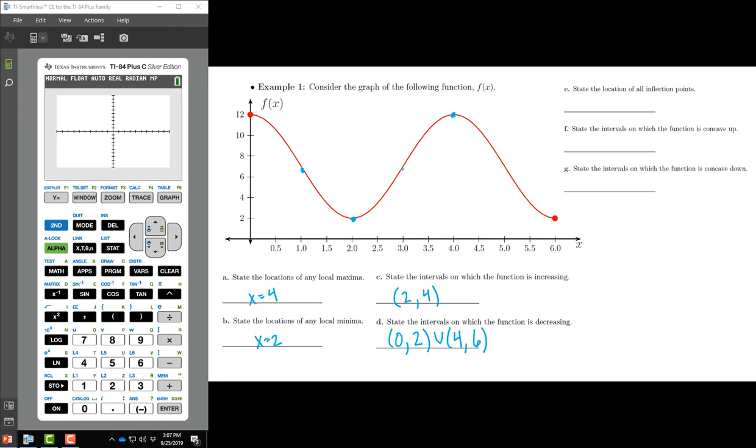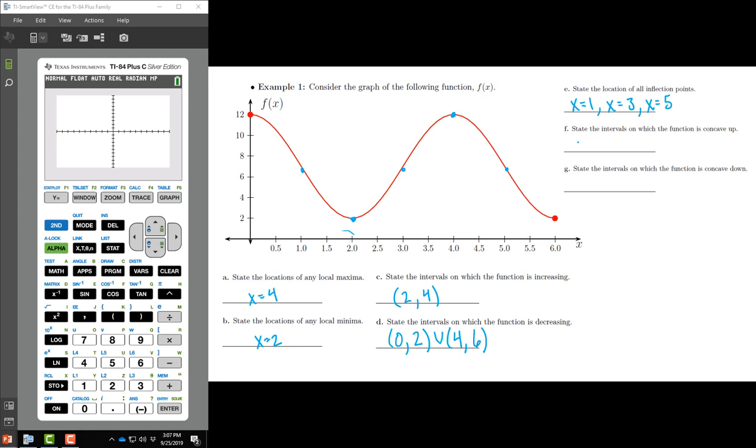Same thing here at x equals 3 and x equals 5. Those convenient x values seem like pretty reasonable guesses as to inflection points. So I'm going to list those out: x equals 1, x equals 3, and x equals 5.